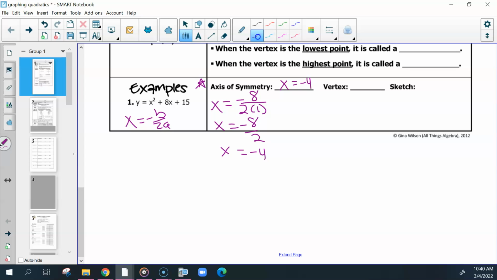To find our vertex, we have to get our y value. So we're going to take the number we just found and put it into all of our x's here. So y equals negative 4 squared plus 8 times negative 4 plus 15. You could do that by hand, but we're going to do it in a calculator.